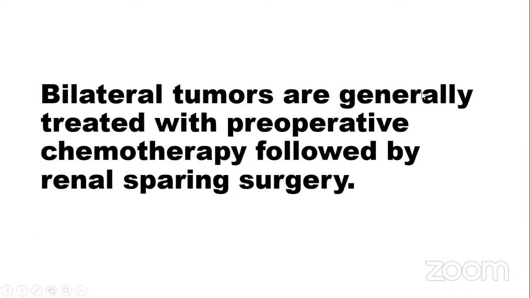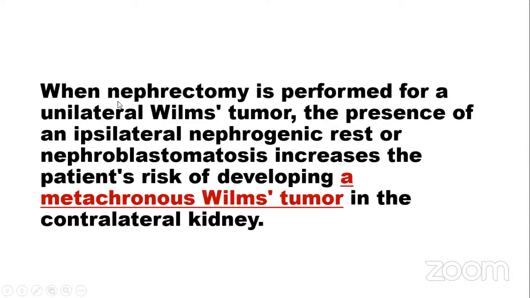Bilateral tumors are generally treated with preoperative chemotherapy followed by renal-sparing surgery. When nephrectomy is performed for unilateral Wilms tumors, the presence of ipsilateral nephrogenic rests or nephroblastomatosis increases the patient's risk of developing metachronous Wilms tumors in the contralateral kidney.